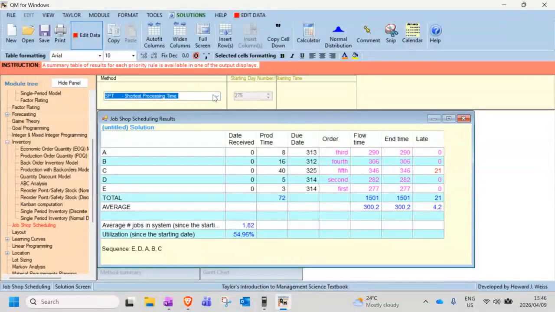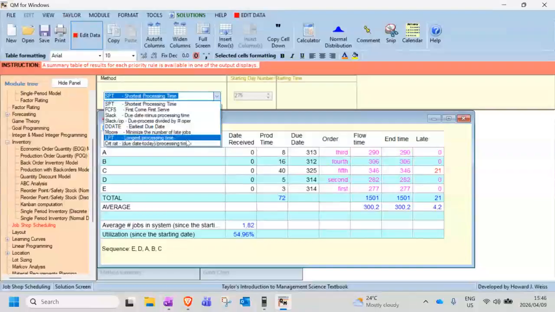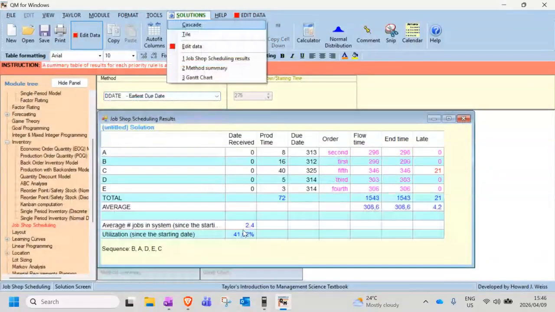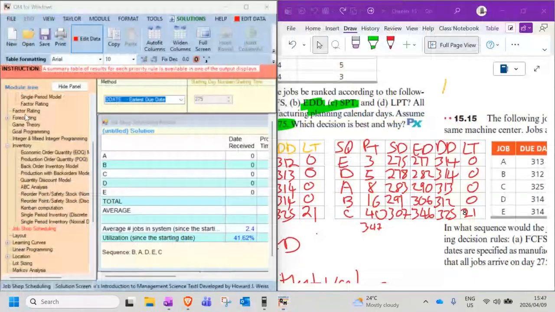Okay, sharp. Let's change this to earliest due date. And then we have 21 again. Do you see that? We have 21 again. So they are both giving us 21.